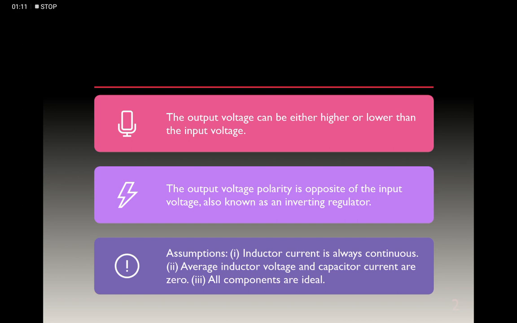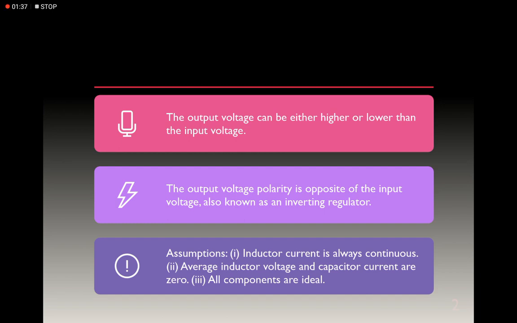Okay, so first, what is the meaning of buck boost converter? It is the combination of buck and boost. For buck boost, the output can be either higher or lower than the input voltage, which means that it has the two capabilities. It extracts the advantage from buck and also from boost.